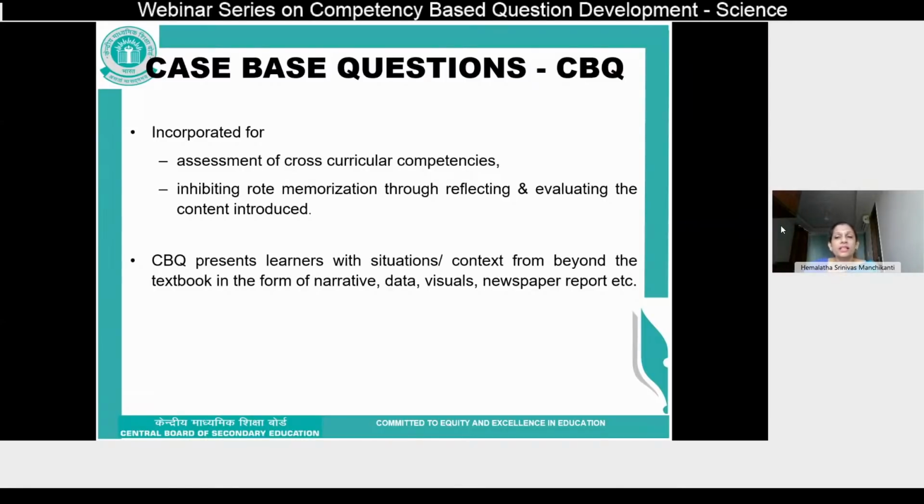It should present learners with a situation beyond the textbook. It can be in the form of a narrative, a visual, data, a figure, or a newspaper report. The questions should be based on the application of this particular area, and should not be simply content driven. And next slide.